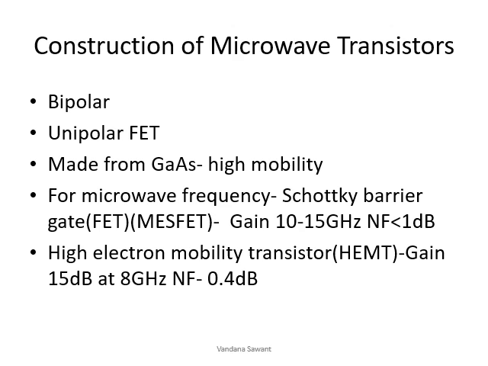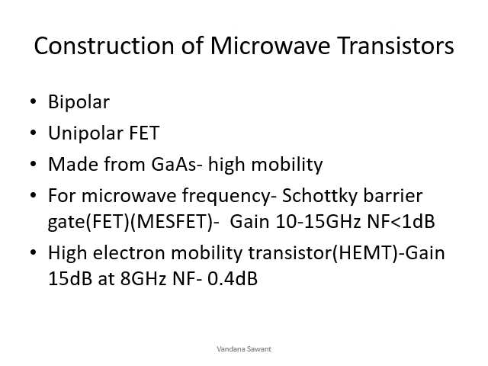The transistors which are used are Schottky barrier gate FETs. They are also called MESFETs, metal semiconductor FETs. They have a gain between 10 to 15 dB at 2 gigahertz, and the noise figure is less than 1 dB. Then there is another category of transistor, the high electron mobility transistor, also called HEMT.